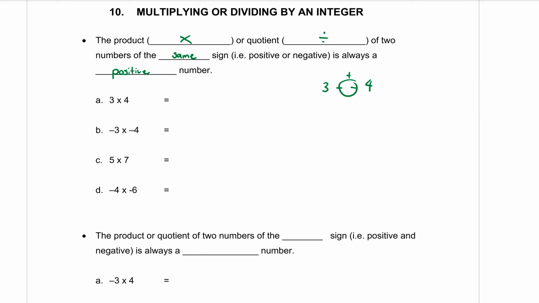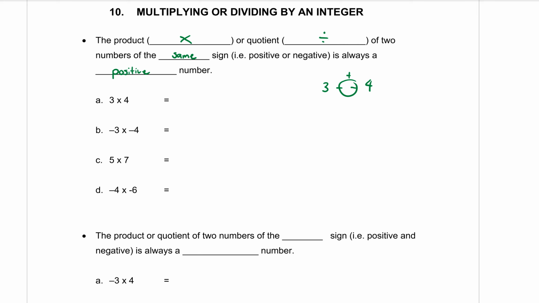So you're going to see, like in B, I've got a minus here and a minus 4 there. As long as both of the numbers that you are multiplying are negative, it's going to make a positive answer. The signs don't have to be written right next to each other like they were when we were doing the other types of questions. Can you see the difference? So that -3 times -4 would still be a positive.